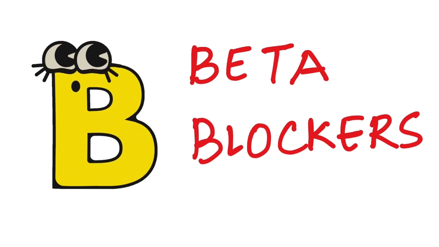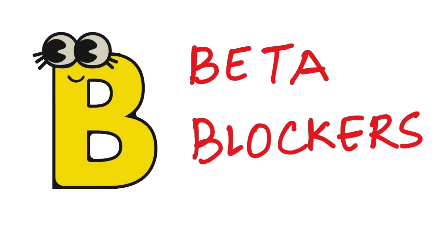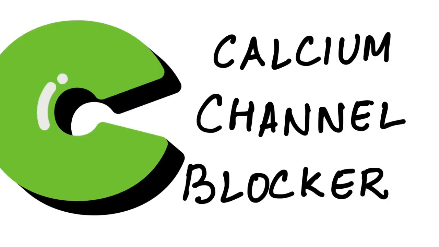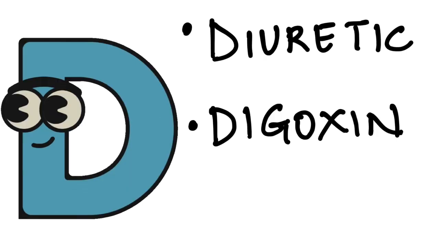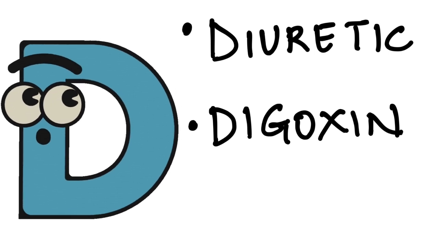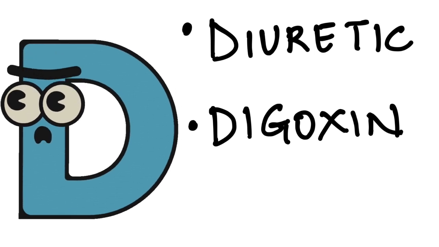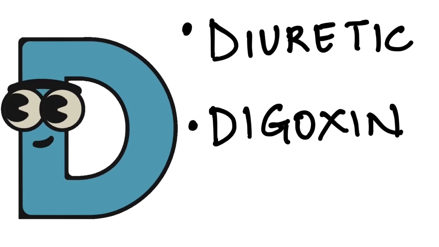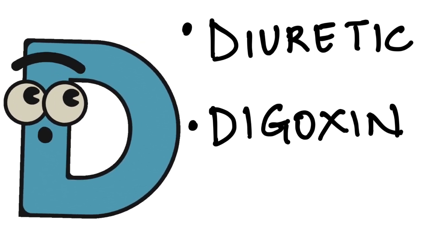Next alphabet is C. The alphabet C is for calcium channel blockers. Always remember C with calcium channel blockers. Then we have alphabet D. D mainly stands for 2 classifications of drugs, that is diuretics and digoxin.